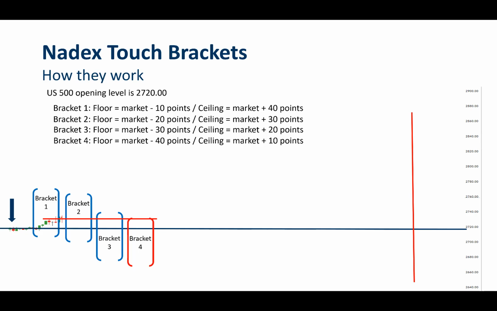The ceiling of bracket number 4 was originally 10 points over the market, at 27.30. This bracket is now expired at 27.30, and that's the settlement value. At this point, a new bracket is created with its own distinct range. Bracket 4 was knocked out due to the market moving up, so the new bracket will be listed according to the ceiling of old bracket number 4. So we have a new floor at 27.20 and a new ceiling at 27.70, or 50 points.